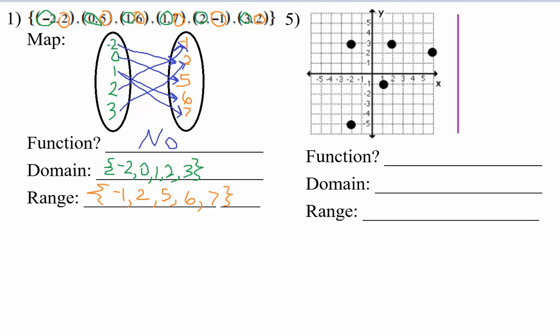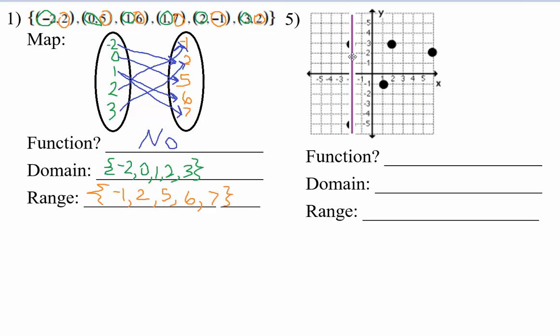Now, what if we're given a graph? So if we're given a graph, in order to determine if it's a function or not, we need to take our vertical line, which I'm demonstrating with this purple line, and we need to run it back and forth across our graph.